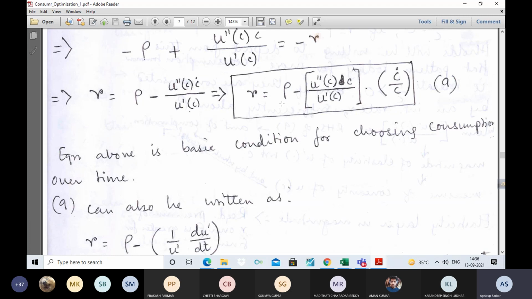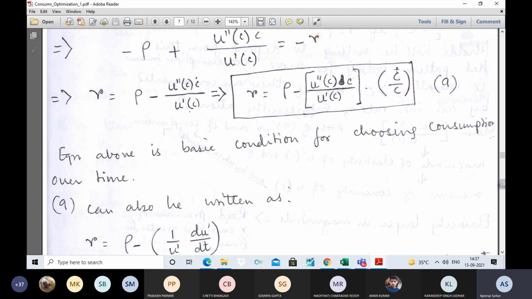Secondly, if C dot by C is positive, right? That is, if C, that is consumption per person, is low today relative to tomorrow, then the rate of growth of consumption per person is positive. So since agents like to smooth consumption over time, because U double prime C is less than 0, they would like to even out the flow by bringing some future consumption forward to the present, right?